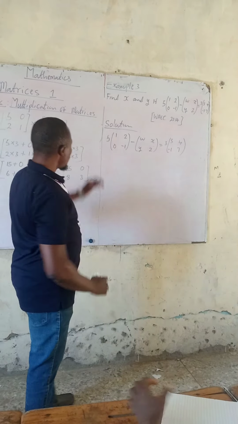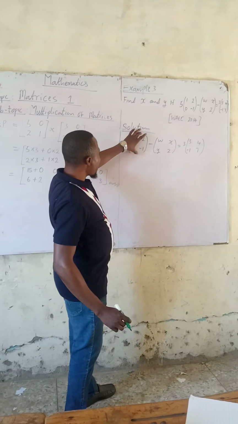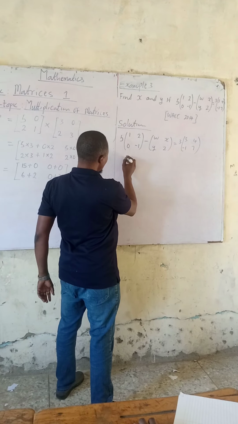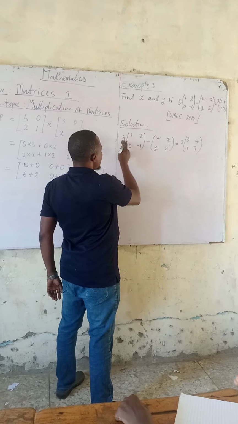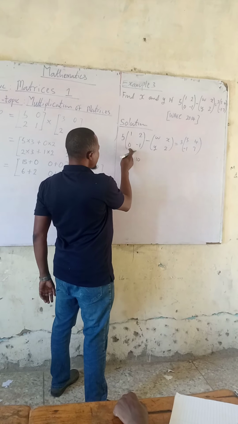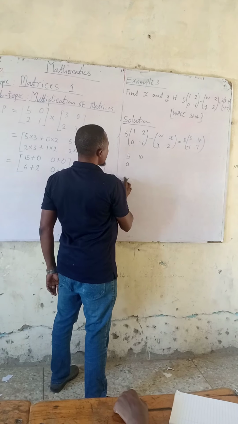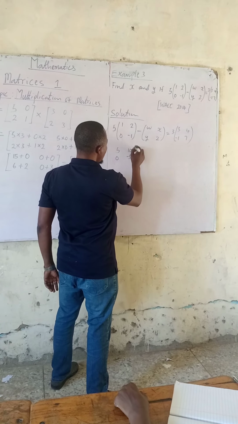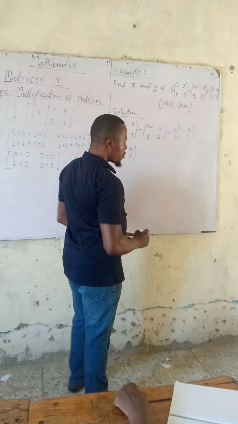Now as it is, we will use this 5 to multiply everything in this bracket. So 5 times 1 will give us 5. 5 times 2 will give us 10. 5 times 0 will give us 0. 5 times minus 1 will give us minus 5. That's the first thing.